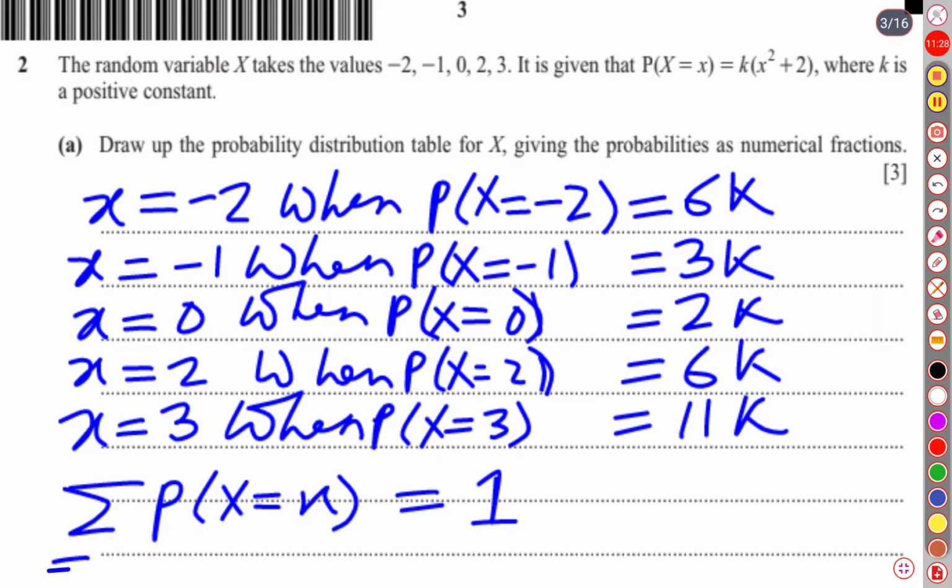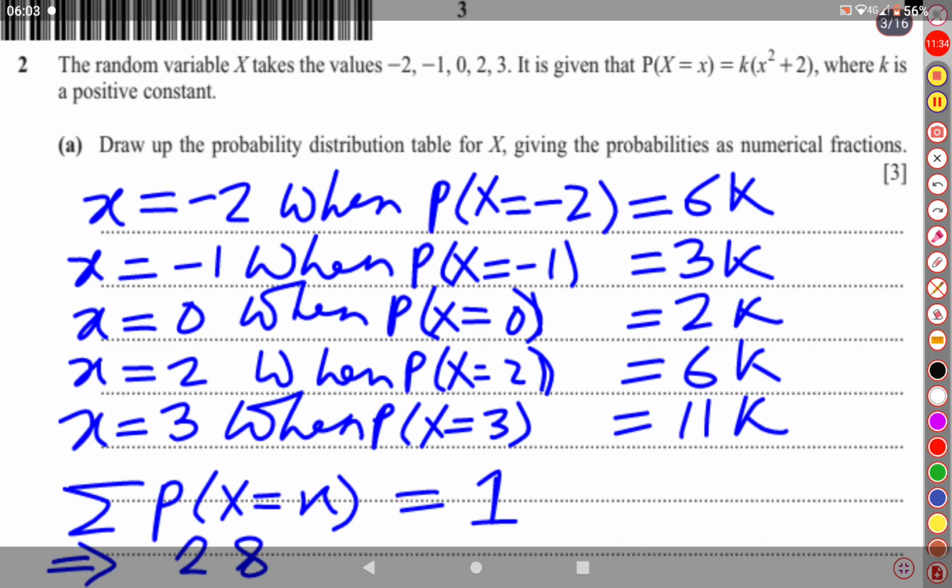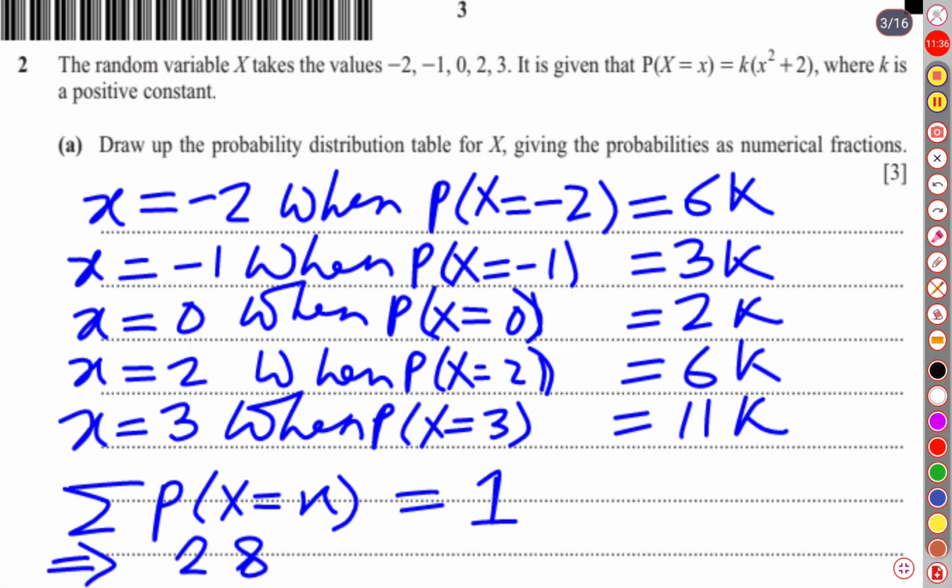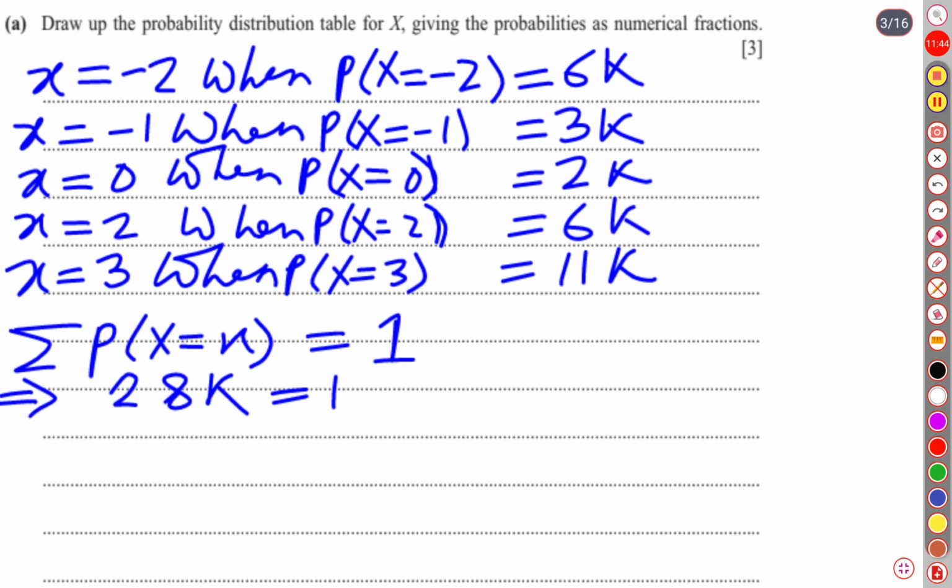So if we add up all the probabilities, it is 28k, and 28k equals 1. Hence what is our k going to be? Our k is going to be 1 over 28.